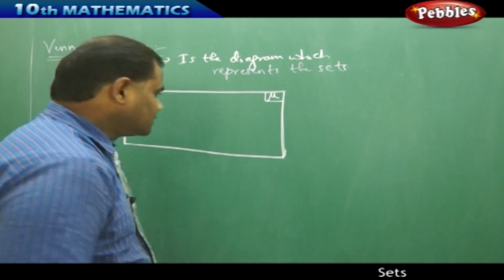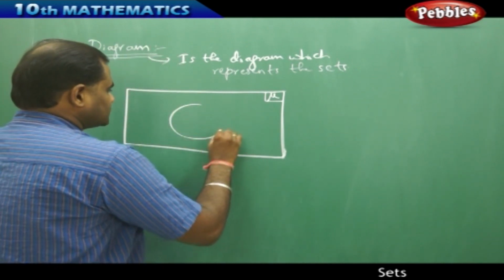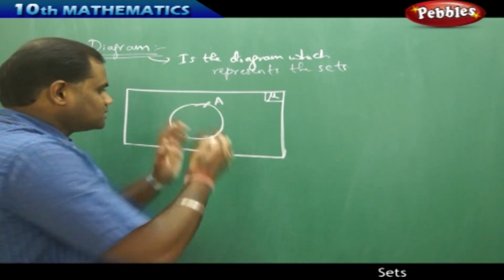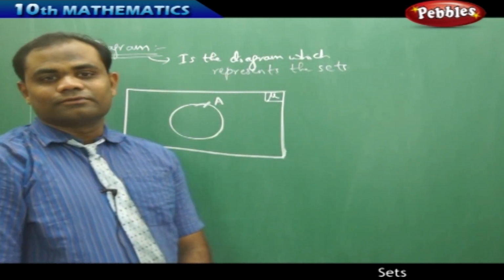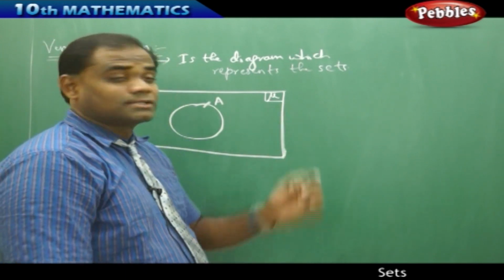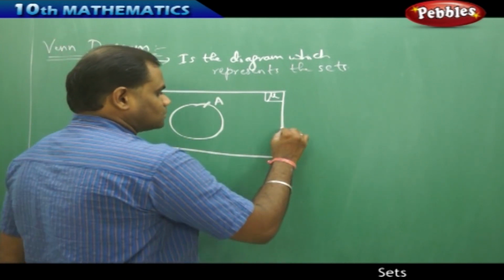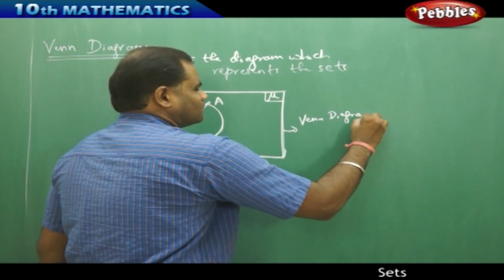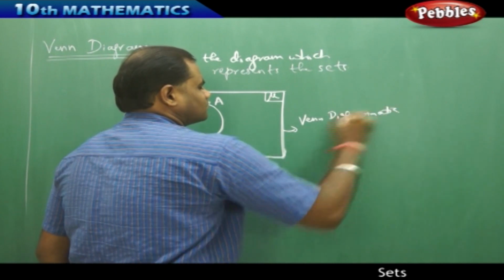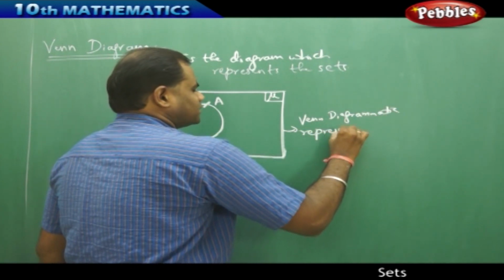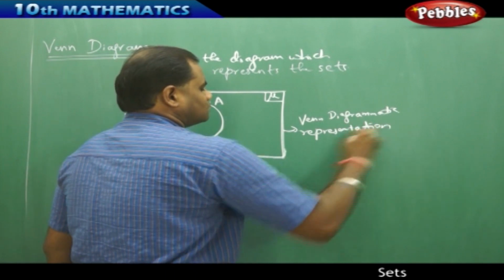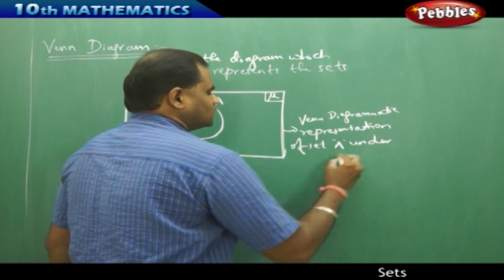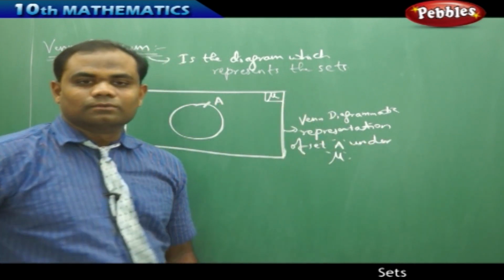Now whatever sets I give inside, say for example I give a set A, then I say this is the Venn diagrammatic representation of the set A under the universal set mu.